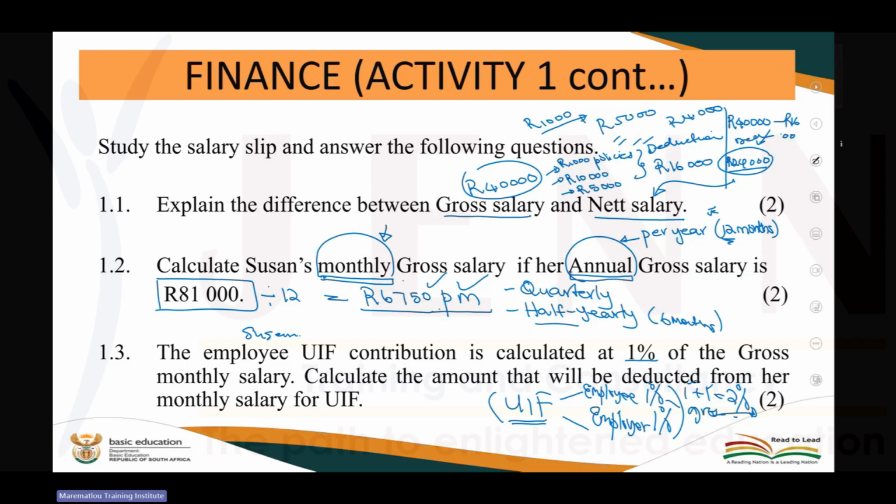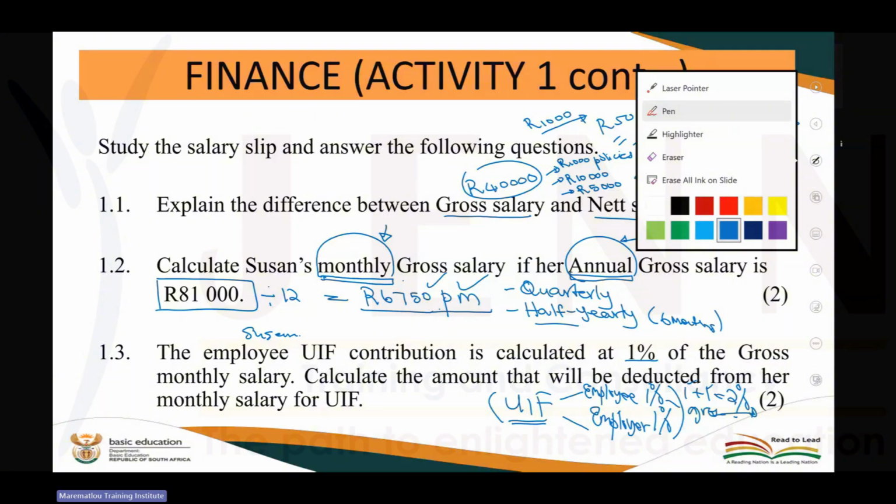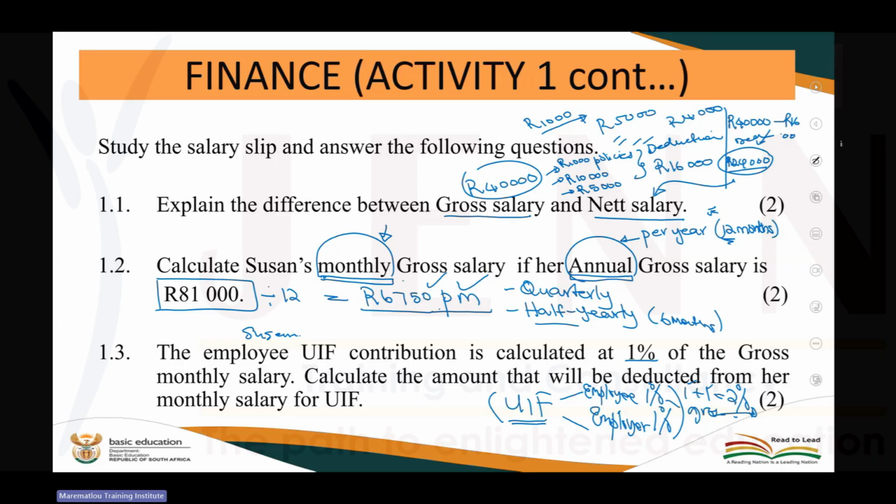Now they want to know how much she will contribute to the UIF. You need to calculate the 1% of this salary. So you can just say, Victor, 6,750 multiplied by 1/100. How much do you get there? It's going to be a smaller amount. It is 67 Rand 50, something like that. Let's just check it to be sure.